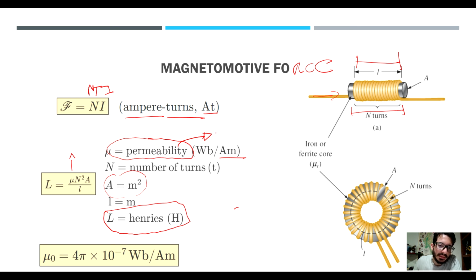The permeability is a magnetic property that each material has, and you can measure it experimentally. The permeability of free space, mu sub 0, is 4 times pi times 10 to the negative 7 Webers over amp meter. For inductors that are circular or cylindrical, the length is the perimeter. The number of turns is still the same, you just count the number of turns, and the area is the thickness of the loop of coil.